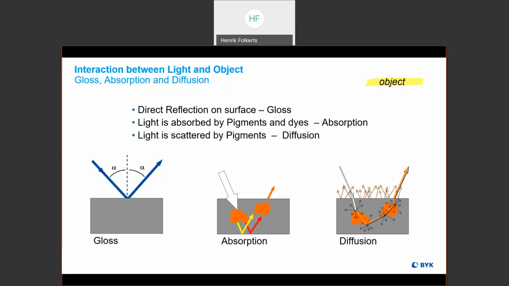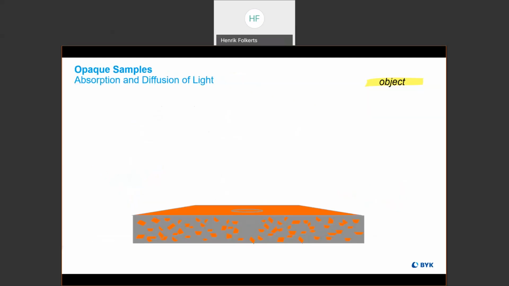It leads to diffuse reflection of light from the inside of the object. Diffusion contributes mainly to the hiding power. But of course, none of these effects occurs alone. It is always a mixture. So let's have a closer look at the combination of these phenomena.